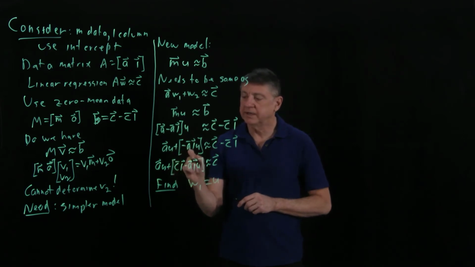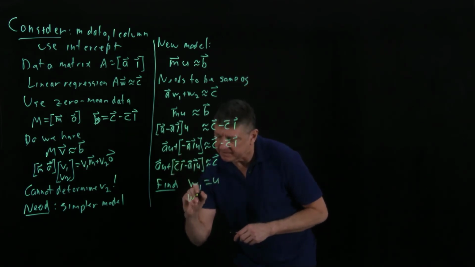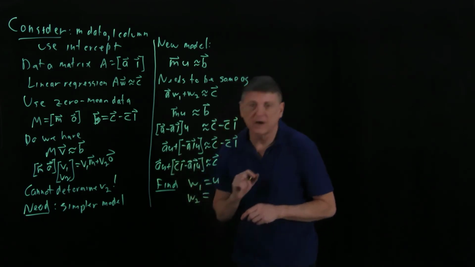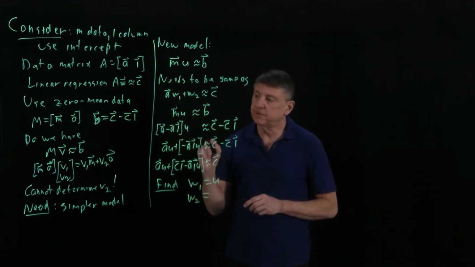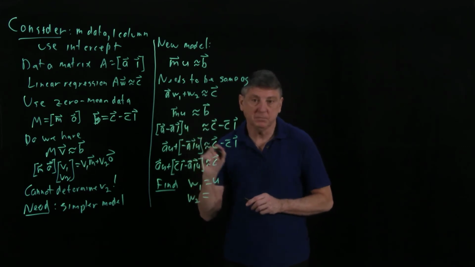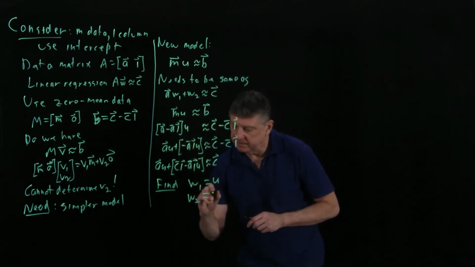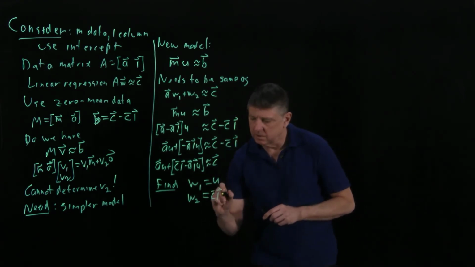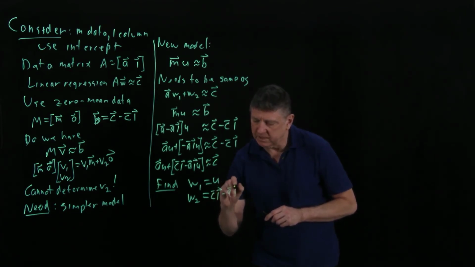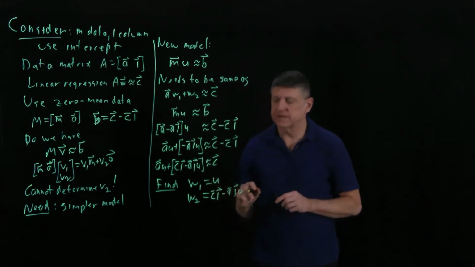Well, that was the intercept term, and so the intercept term for our original problem can be found from the zero mean as, this will be the average dependent value times the ones vector minus the average independent value times the ones vector times whatever value comes out of that.